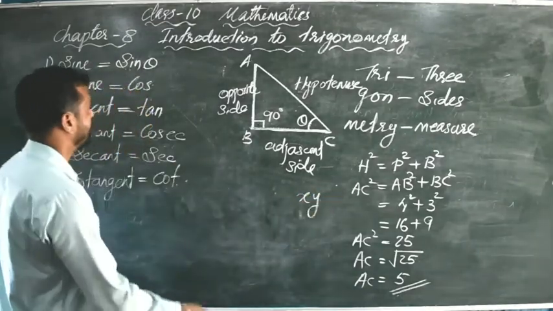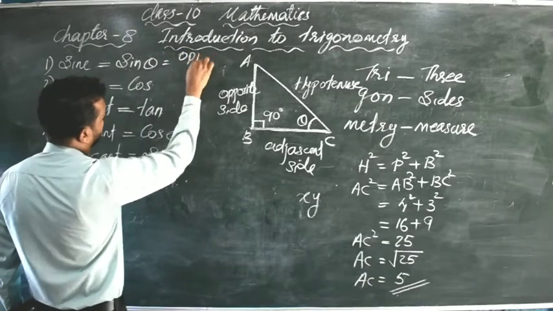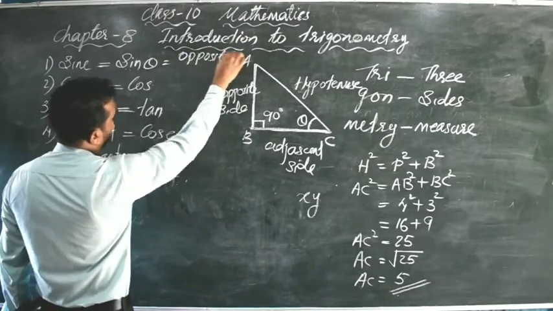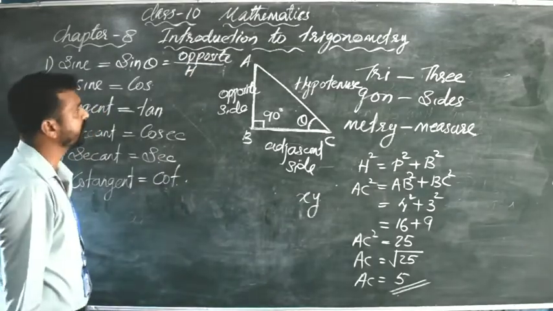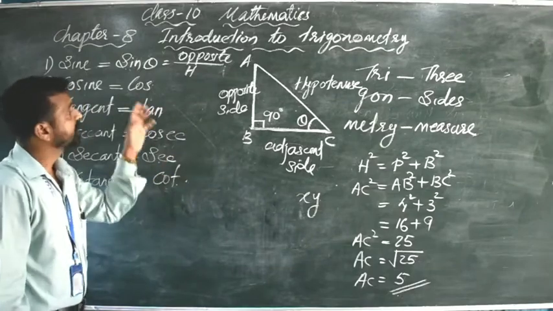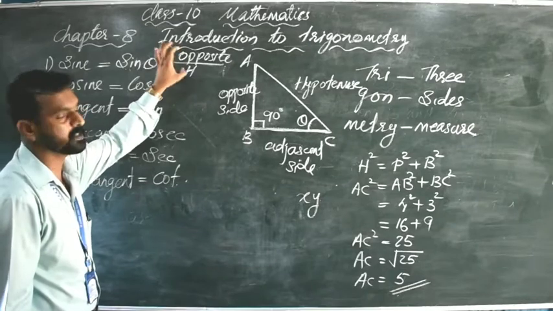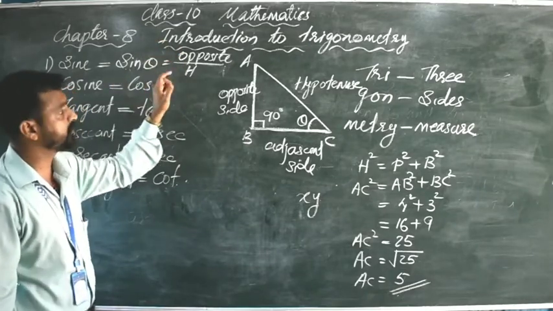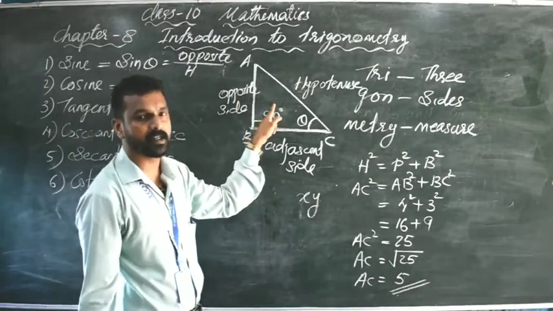So sin theta is equal to, what is the ratio? Sin theta is equal to opposite side divided by hypotenuse. So in trigonometry, sin theta is defined as the ratio between the opposite side and the hypotenuse of a right angled triangle.